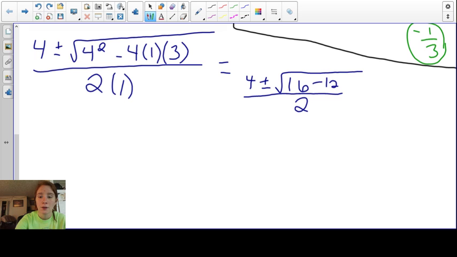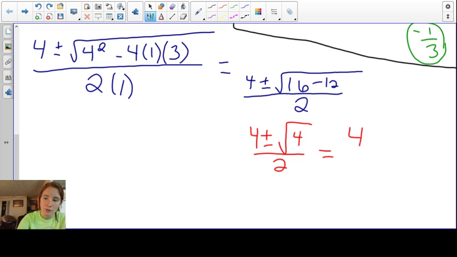Okay. So then I have 4 plus or minus the square root of 16 minus 12 gives me 4 over 2. Oh, that really didn't turn into a 2, did it? Square root of 4 is 2. So 4 plus or minus 2 divided by 2.